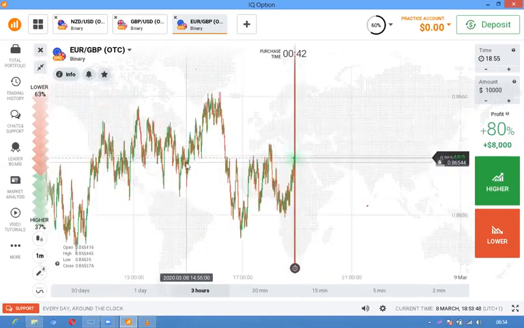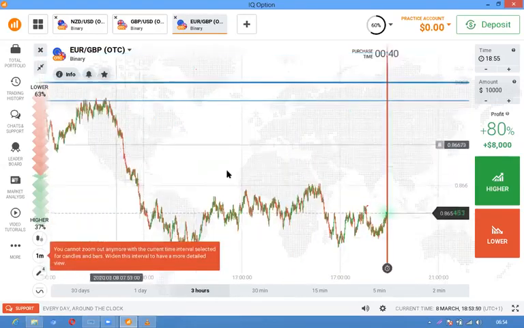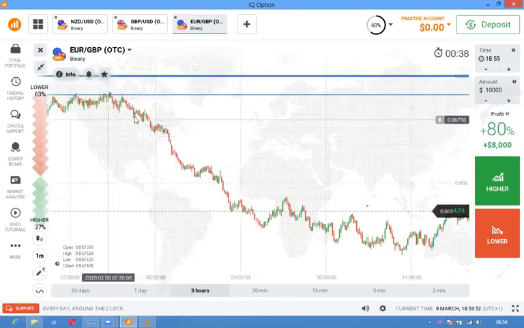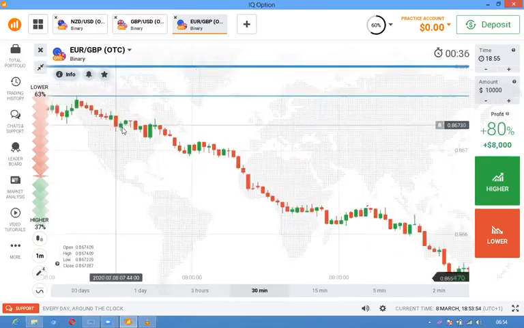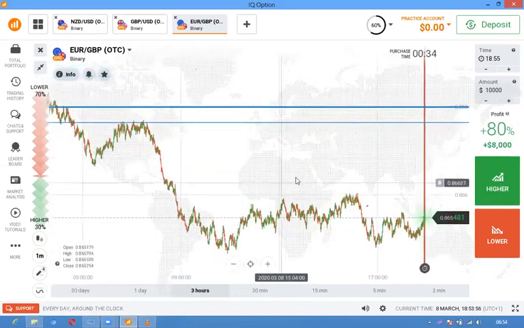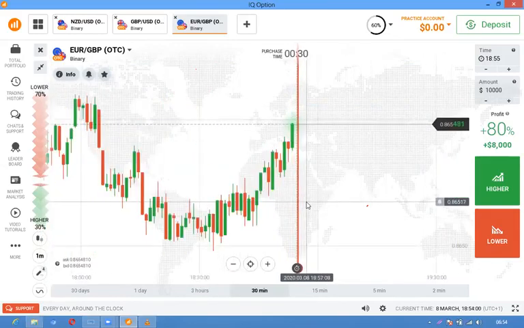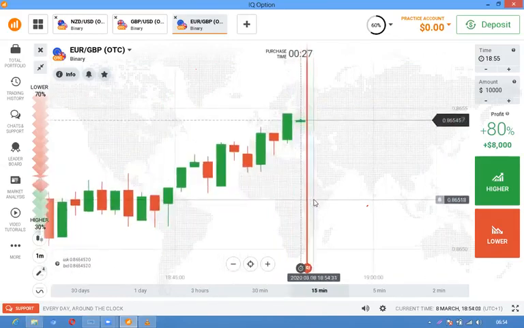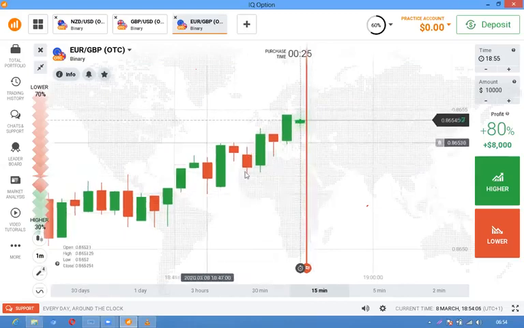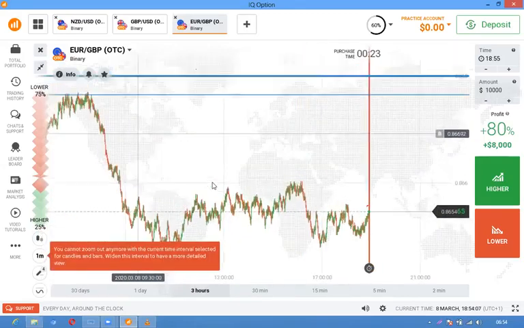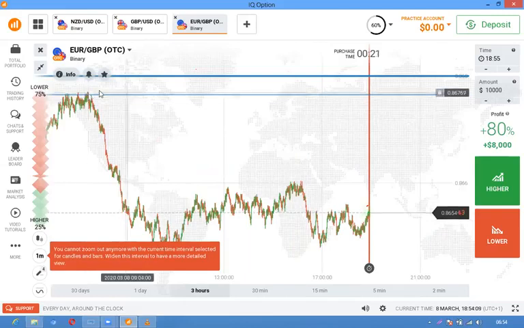That means if you are a forex trader, this is the level right here. If you are a forex trader and you have a good amount in your account, just buy the market from this level, because this is where the buyers are heading to.